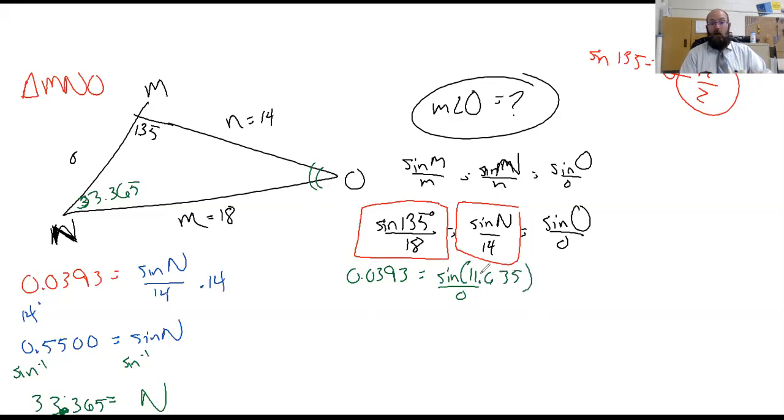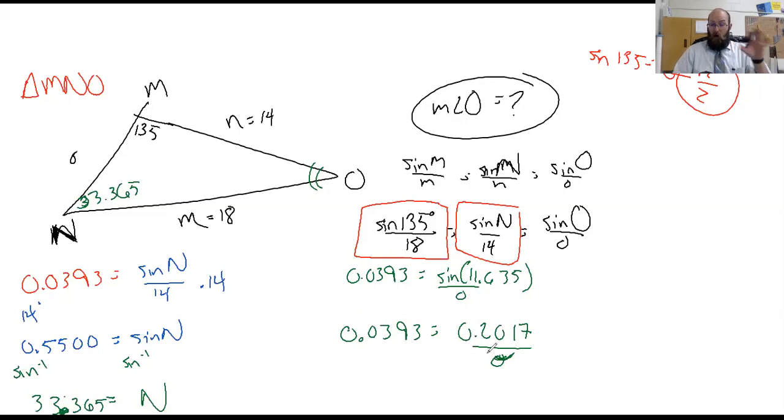And now what is sine of 11.635? So sine of that number is a decimal again. So 0.0393 equals 0.2017 over, and that again, it's the letter O. So I'm going to do like just a weird little stick off of it. Okay, that's a letter O. It's a variable for us.